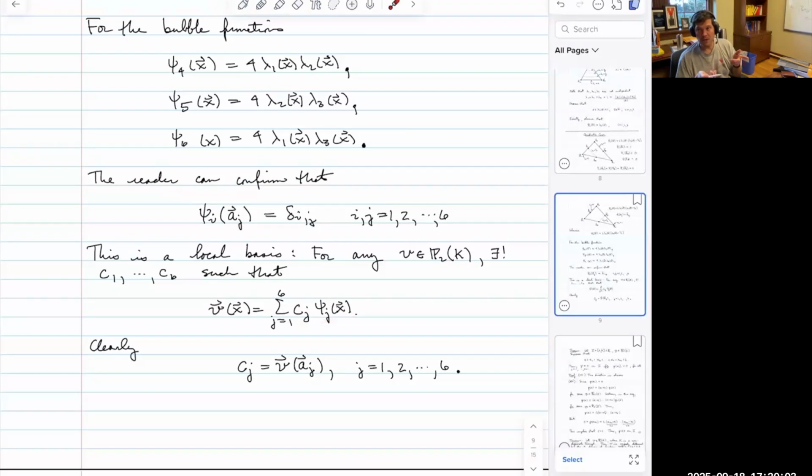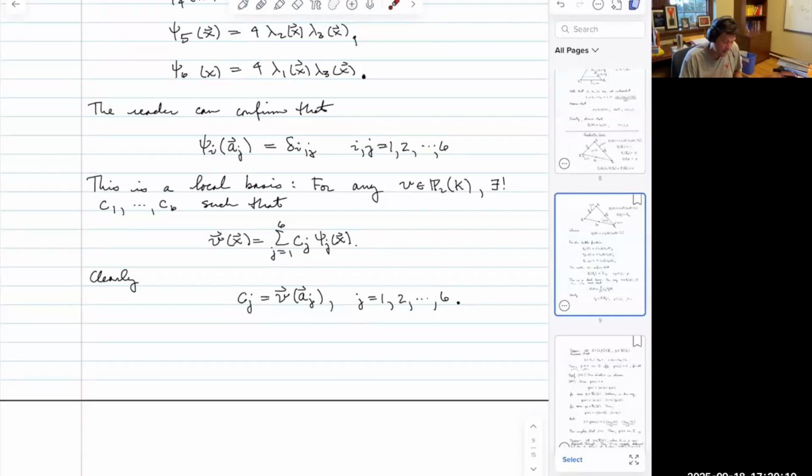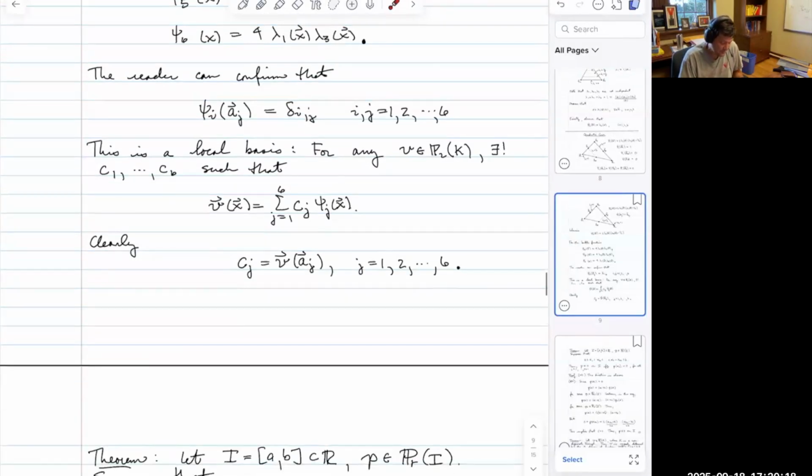Now this is the Lagrange nodal basis, and it has a very nice property. The property is always that these coefficients in this basis expansion, when I'm using the Lagrange nodal basis, are precisely equal to this. Cj is equal to, oh, this is a typo here. There's no hat on that. Okay. So Cj is precisely equal to v evaluated at aj.